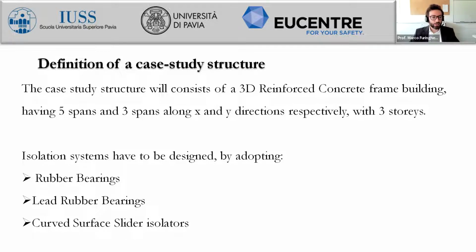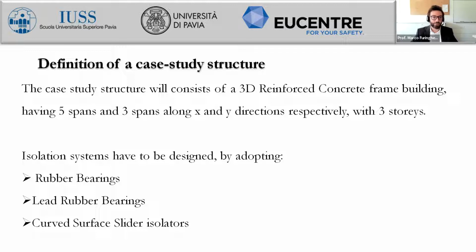And what I want to face actually with you is the same procedure, but with all the typologies of isolation devices that we have considered last week. So we will do exactly the same with rubber bearings, lead rubber bearings, and curved surface sliders. So we will face all the issues for modeling in SAP 2000 of such devices.